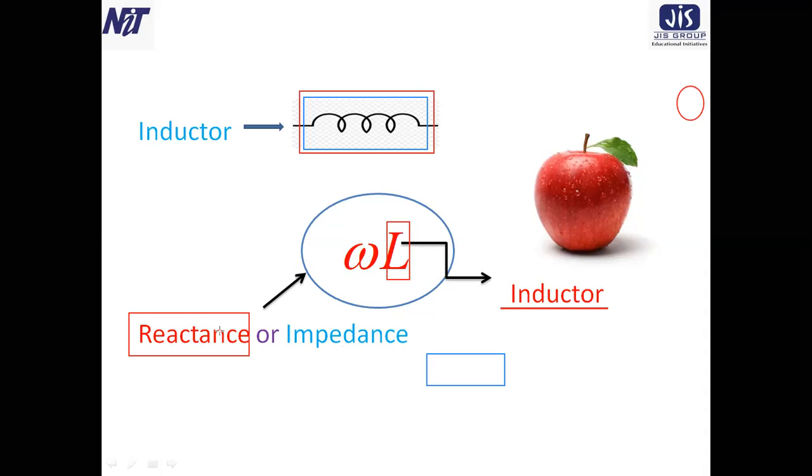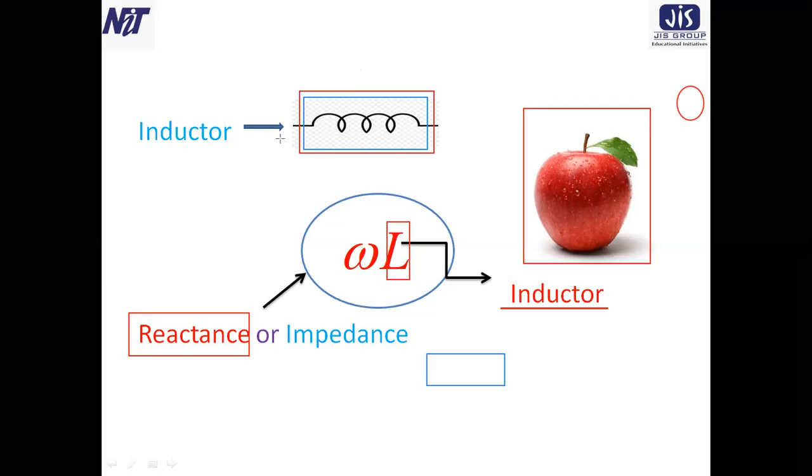So why did I draw this apple here? What is the name of this fruit? This is an apple. How can we measure this fruit? We can measure it with the mass. We can say that the mass of this apple is 50 gram. Like that, the measure of the inductor is the reactance.